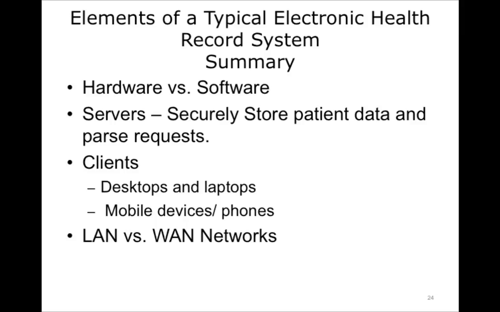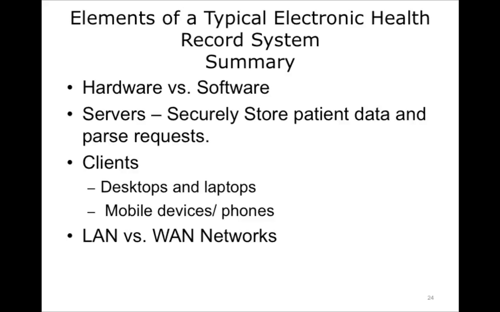A server is generally more robust than a typical client system and is designed for multiple user connections. Servers serve many functions, but more often than not are warehouses for much, if not all, of the patient data retrieved by client applications. Client systems could be desktops, laptops, PDAs, or even smartphones.